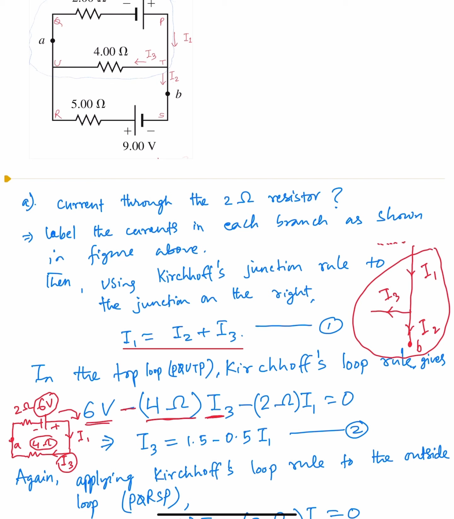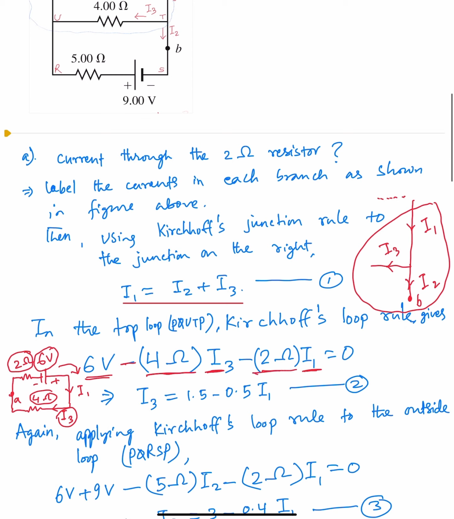And similarly, the current through the other resistance is I1, and this is 2 ohm. The difference from this 6 volt supply has to be equal to 0. So you can find another equation, equation 2, like this.